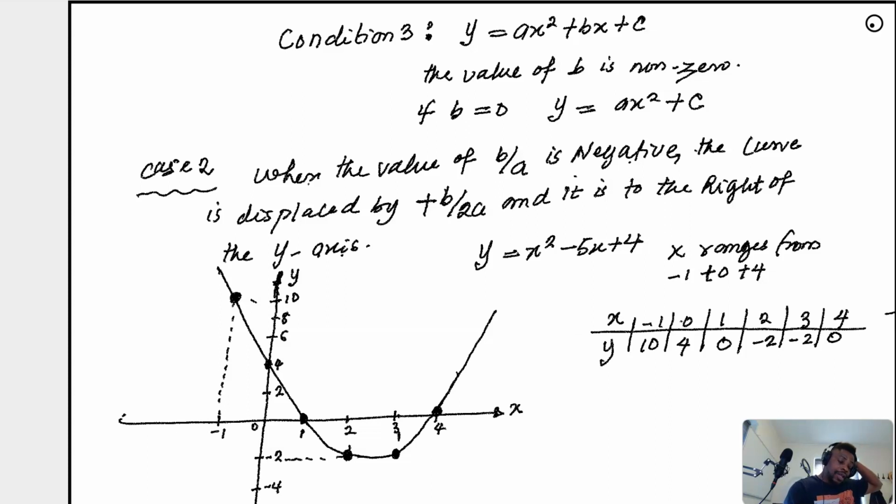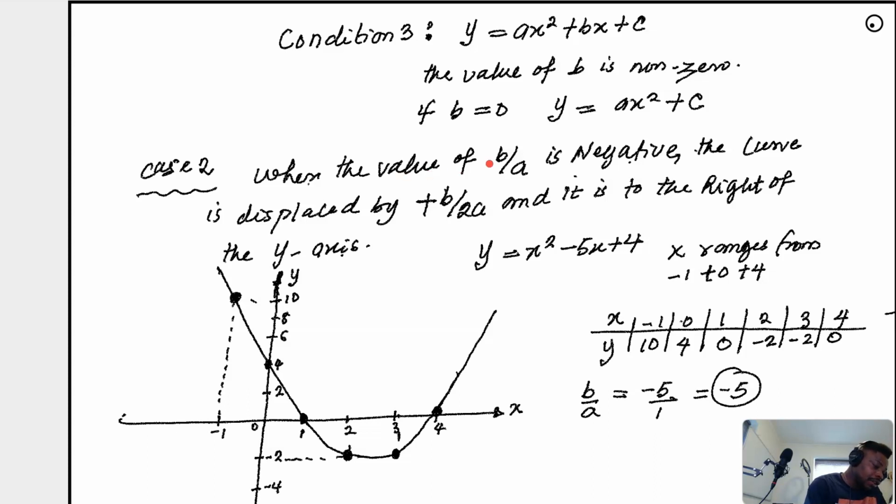Here, you can see that my curve is on the right hand side. And the reason is because if I look for b over a, my b is minus 5 and my a is 1, that is minus 5. You can see that. So minus 5 is negative.